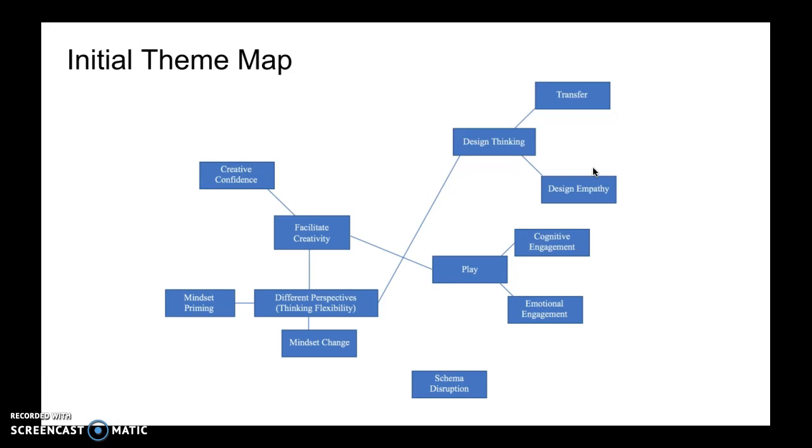I also tried to put every possible theme there. I tried to understand, okay, what are the codes? What do those codes tell me? Can I extract some patterns from the codes that belong to similar categories? And I also tried to understand the relationship between different themes.